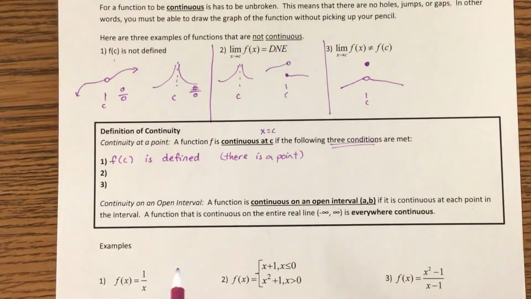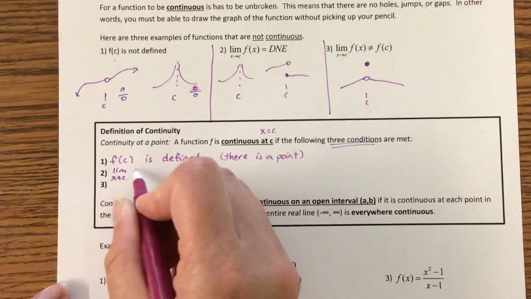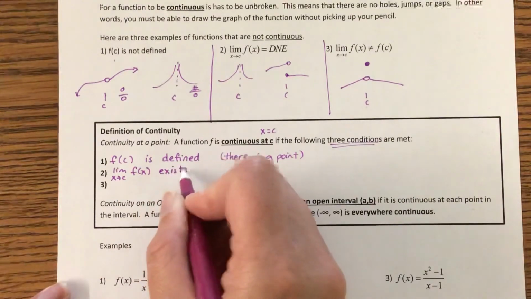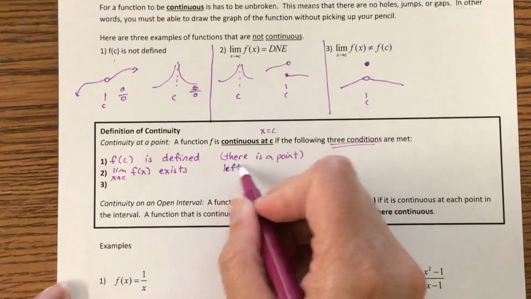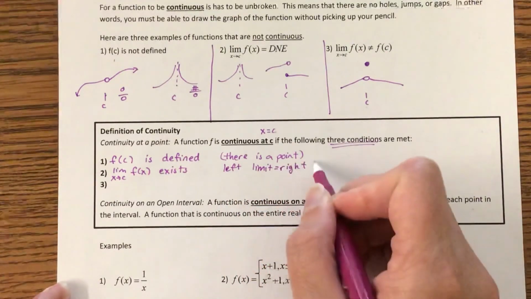Okay, continuing down here, number 2, the limit as x approaches c of f of x exists. You have to actually have a limit. So the left limit equals the right limit. Okay, we did not have that here on number 2.